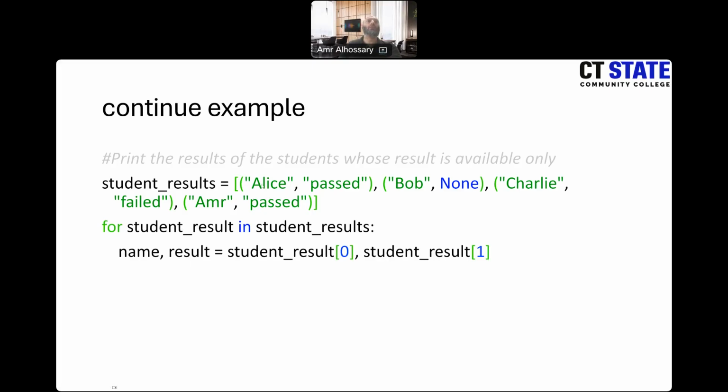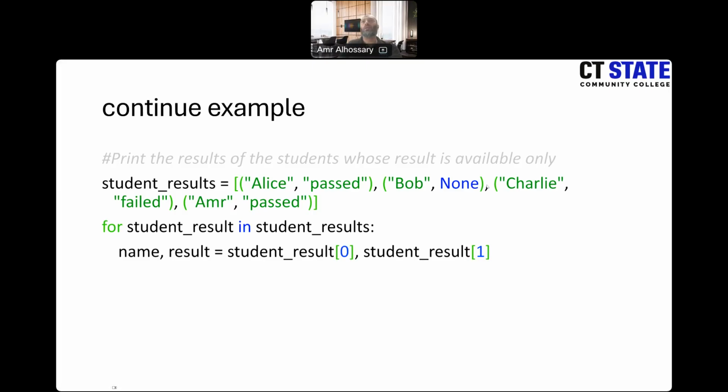We can get the first item and second item in the tuple using indexing, student result of 0 and student result of 1. Later, when you study tuples, you will know there is an even more efficient way of writing it, but it's not our case now. So now I extract the name and the result from this item.